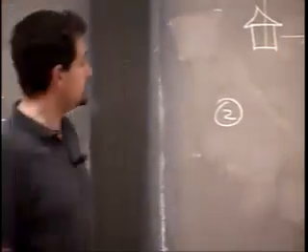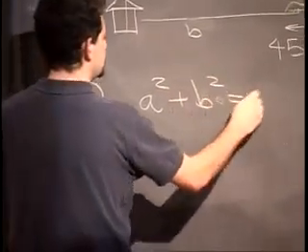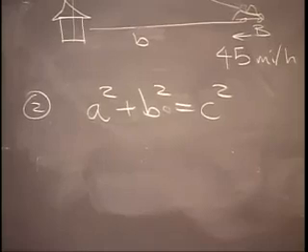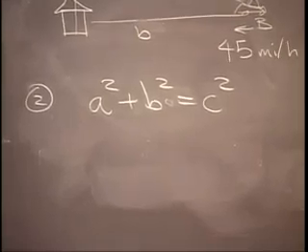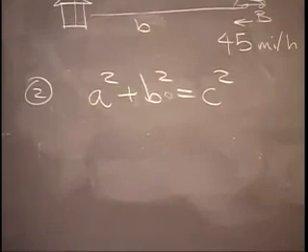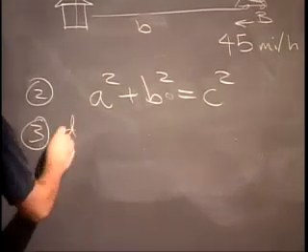So you'll have to agree that A squared plus B squared is C squared. That's Pythagoras' theorem. All right, so that's the only equation that I can think of. So we might as well take that equation and hit it with d/dt.